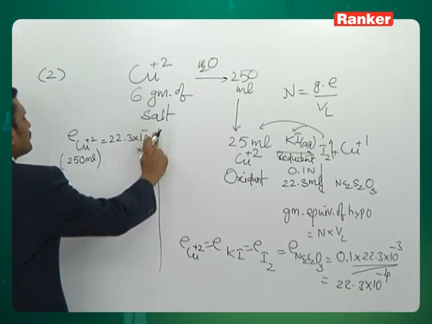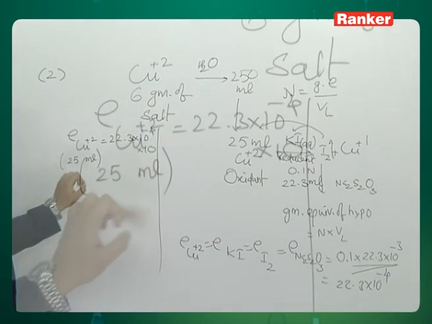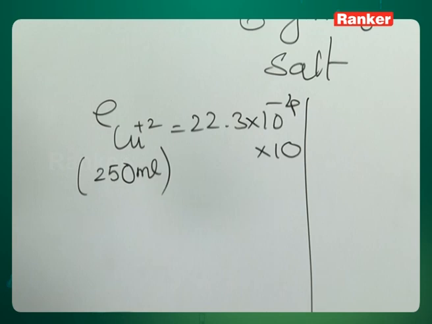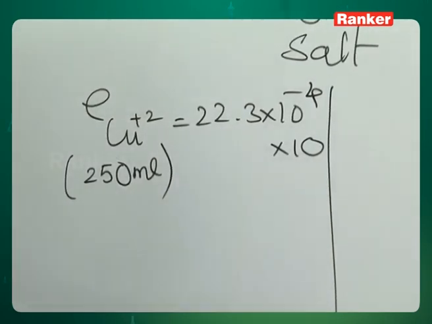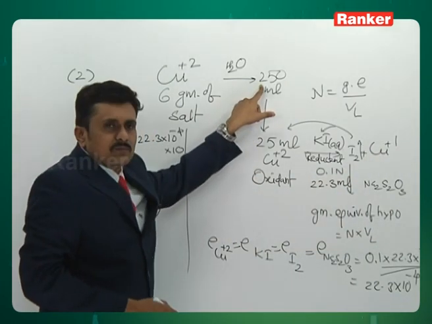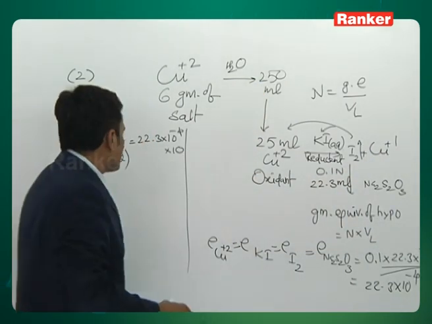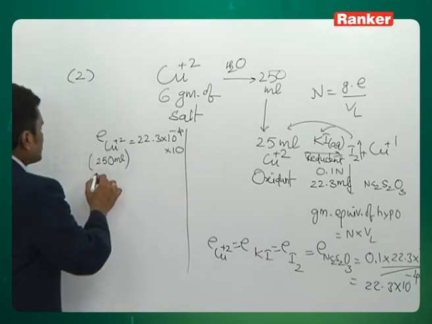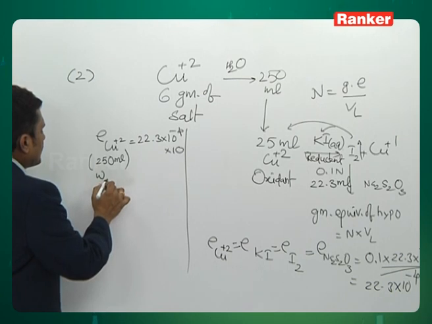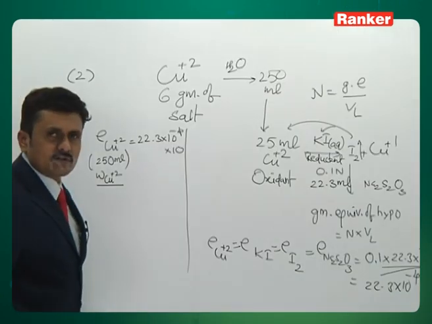minus 4 are the gram equivalents of Cu+2 present in 25 ml, and when I am converting that into 250 ml, I am just multiplying that with 10. The multiplication factor is 10 because you can see here from here to here we are moving where there is a difference of 10 times. So here these are the gram equivalents of Cu+2. When you write that gram equivalents, you will write that as the weight of Cu+2 divided by the equivalent weight of Cu+2.